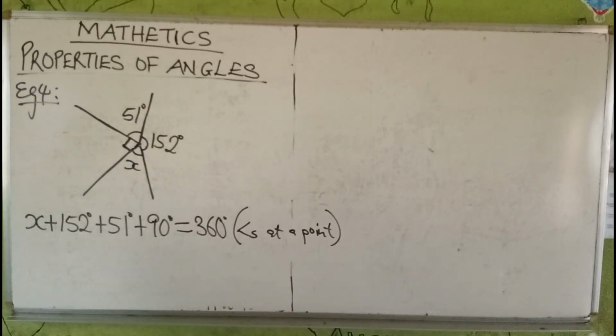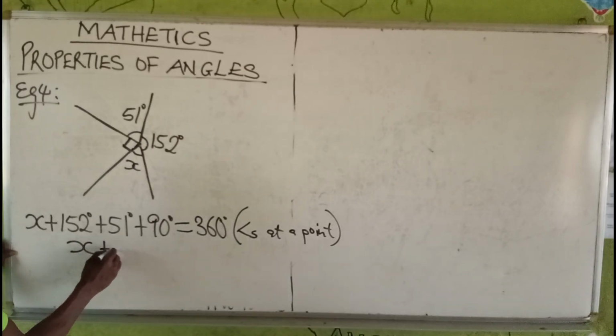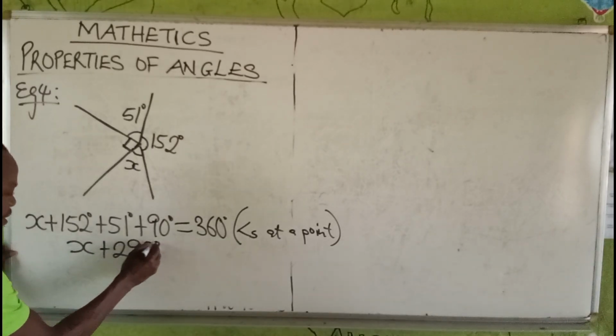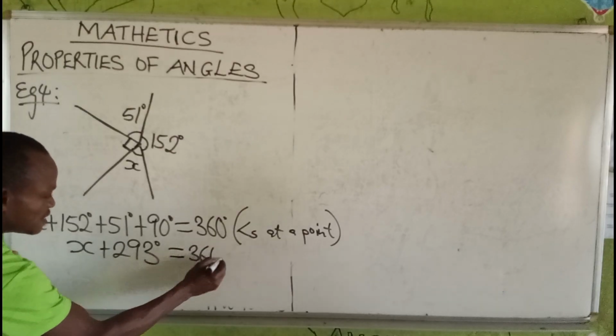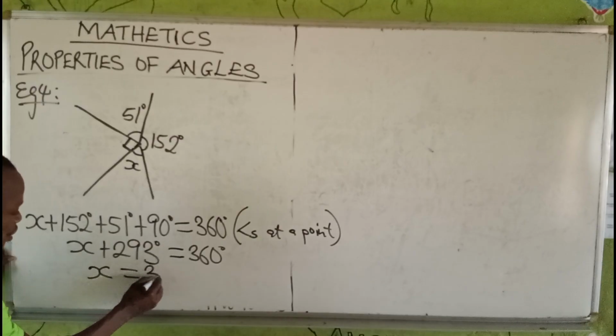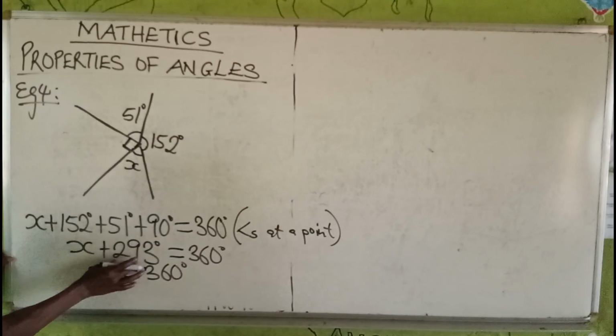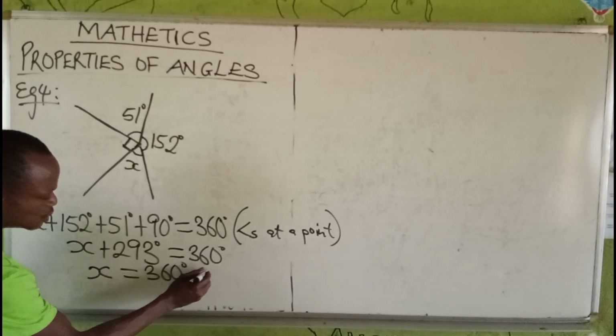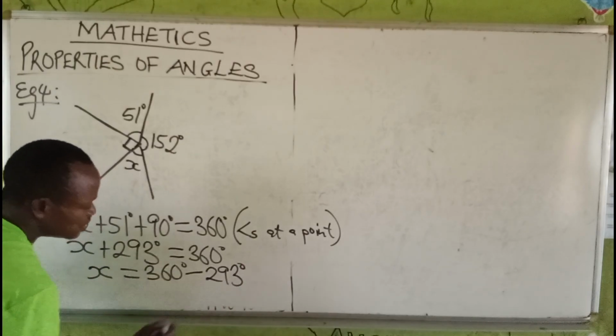So let's add this together. 152 plus 51 will give us 203. Now, 203 plus 90 will give us 293. That means we have x plus 293 degrees equal to 360 degrees. If we collect our like terms, we have x equal to 360 degrees, 293 coming this way becomes minus 293 degrees.